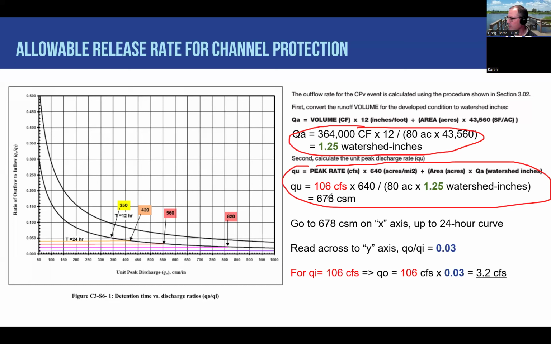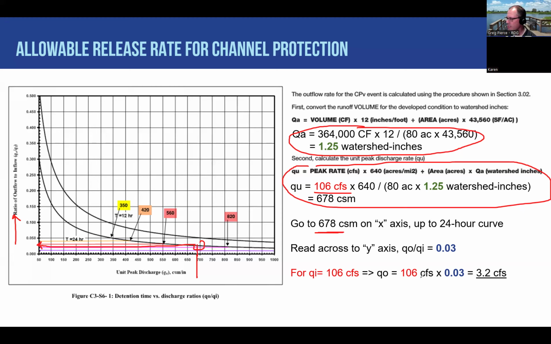But if for some reason it doesn't, you basically take your peak rate of flow and multiply it by these conversion factors to get the unit peak discharge. Then you'll take this number, the 978 in this example, look at your chart, go to the x-axis, find 978, draw up to the curve, and then over to the left to find that allowable inflow-outflow ratio, that Qo/Qi, which is what we were just talking about in some of the previous slides.